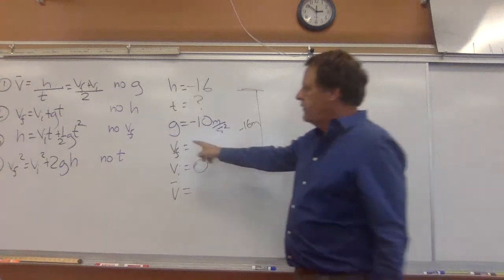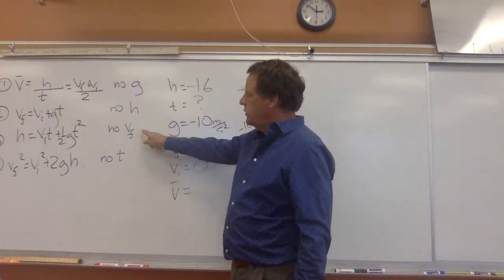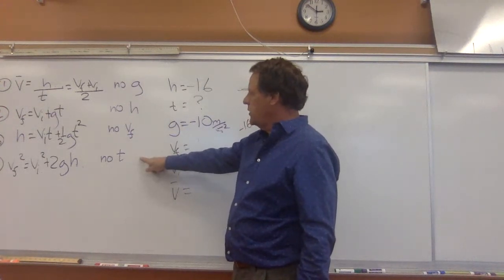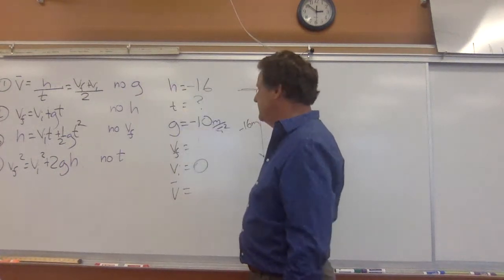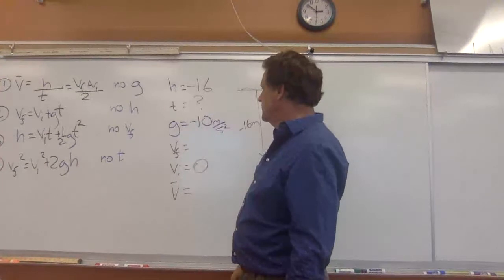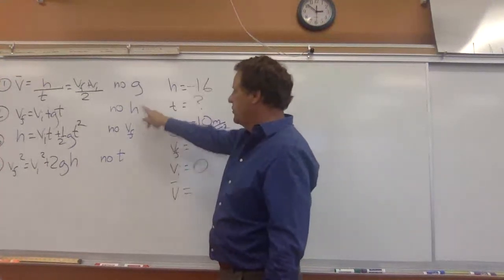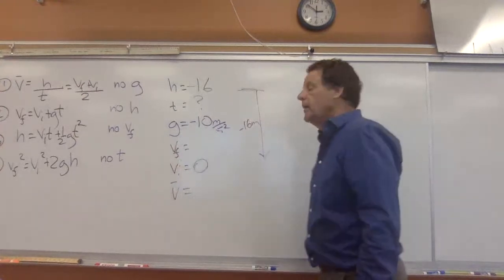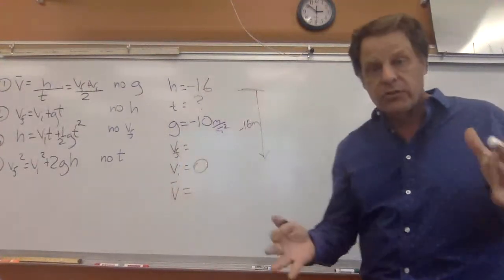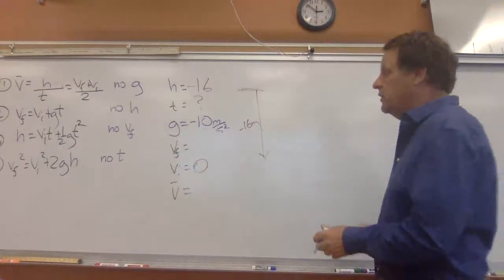Let me see, we don't have v final, so we can't use equation 3 or equation number 4, and we can't use equation number 2 or 1, so we have to use equation number 3. And again, that's the tricky part, figuring out which equation we can use.